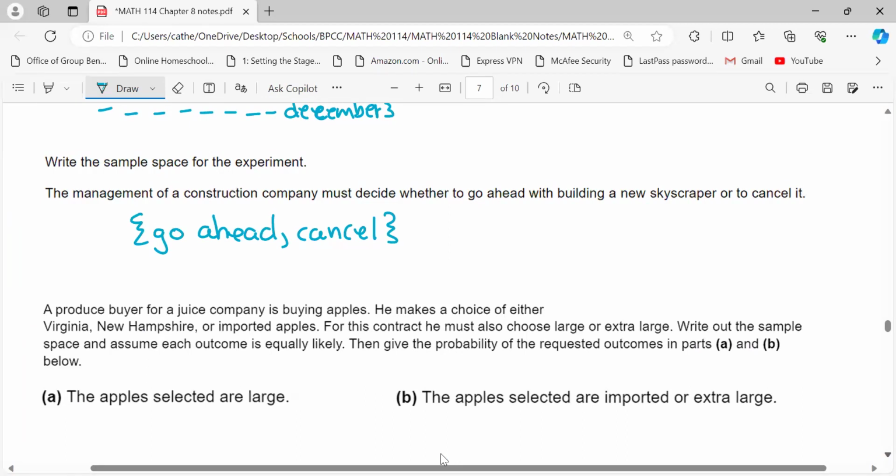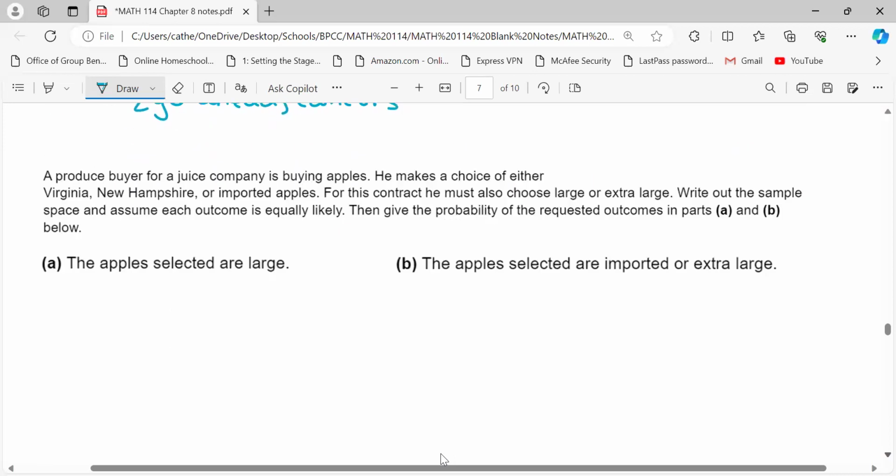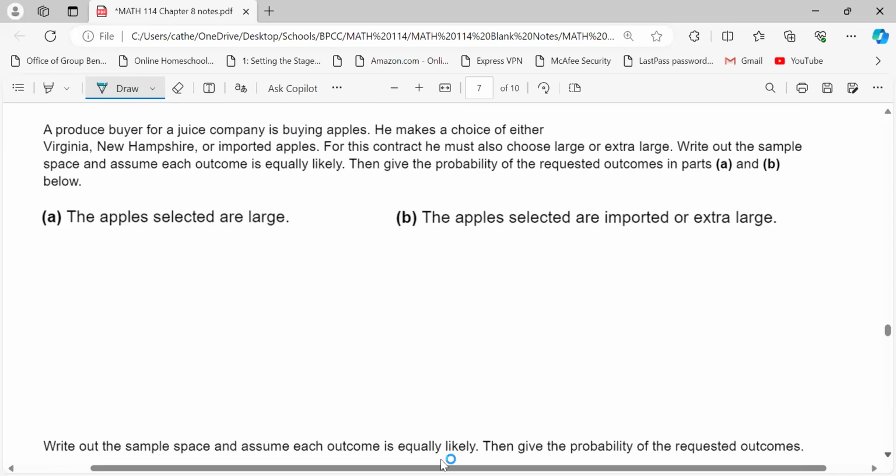A produce buyer for juice companies is buying apples. He makes a choice of either Virginia, New Hampshire, or imported apples. For this contract, he must also choose large or extra large. Write out the sample space, then give the probability of each. So he could have, and I'm just going to use shorthand, Virginia and large, or Virginia and extra large.